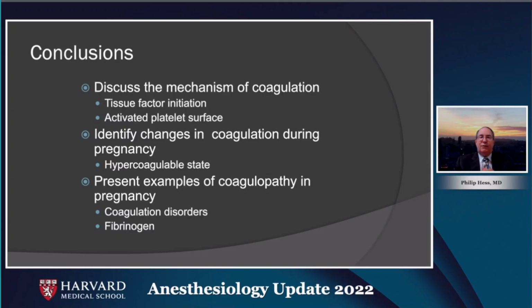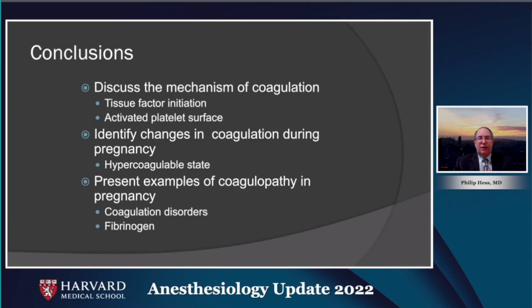We talked about clot formation being conducted on and around the surface of the platelet, which means that platelets are incredibly important, and understanding platelet function in this patient is essential. We identified changes in pregnancy and described the hypercoagulable state, how it forms, and how it can actually affect some of the disorders that patients may have as pre-existing pre-pregnancy states.